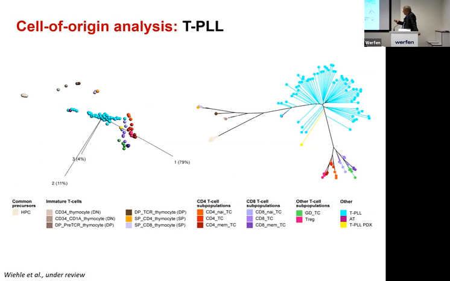And again, here are the precursors, here are the mature T cell populations. And what you can really see is that the TPLLs also originate from a step in between. They are definitely not mature T cells. They are more immature cells, though they appear in the peripheral blood with the few stains you do, probably 4 or 5 markers, as mature cells. So that's something we can learn by DNA methylation.